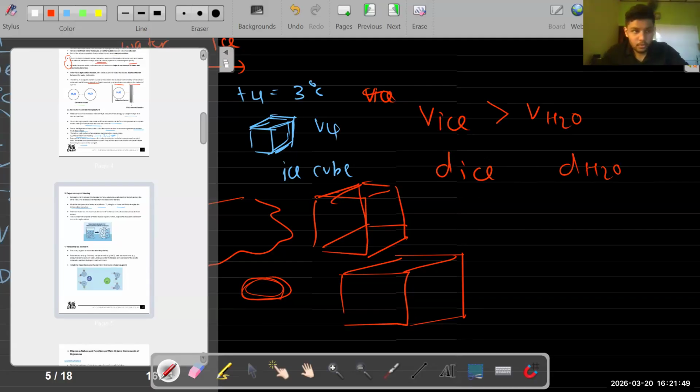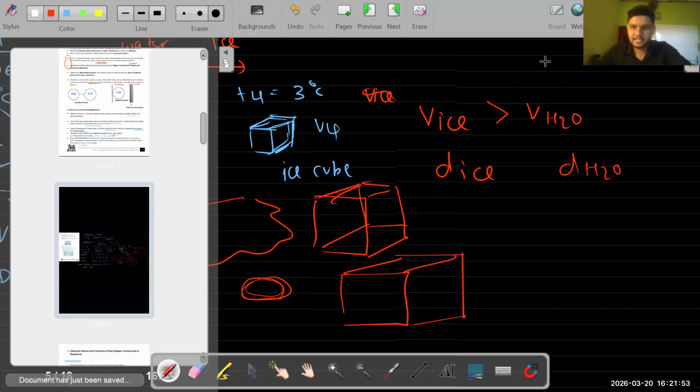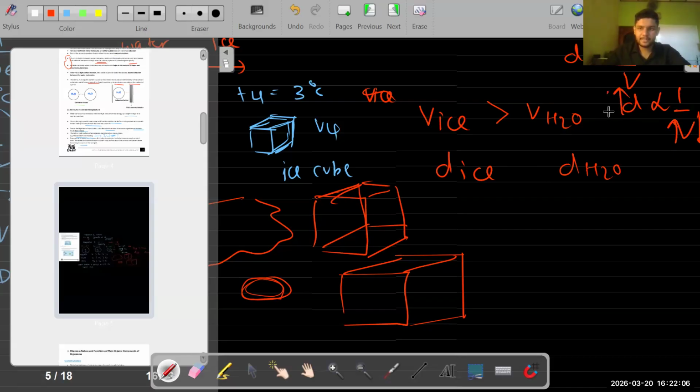Now, volume and density. See here. Density equals mass over volume. Right? So, density is inversely proportional to volume. So, increase in density decreases volume. Increase in volume decreases density. They are inversely proportional. So, when volume of ice is greater, density of the ice is greater than water or less than water?